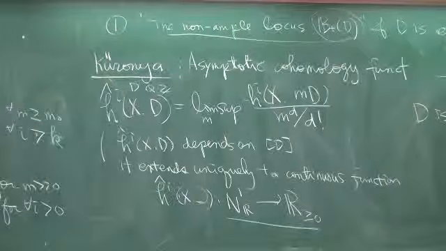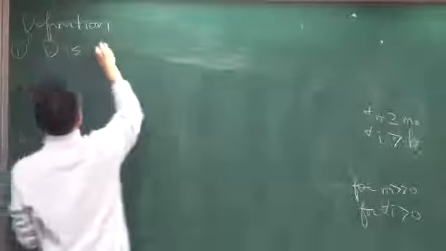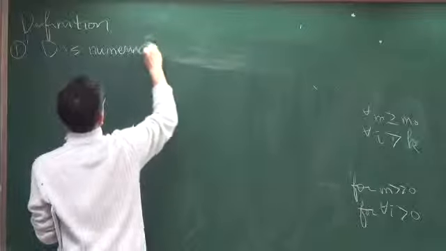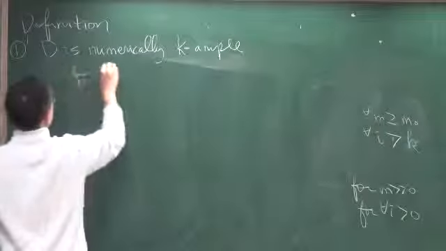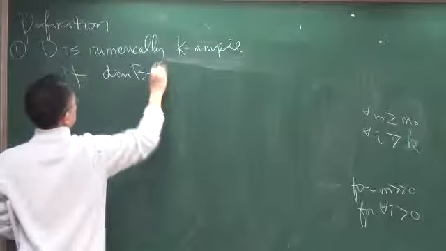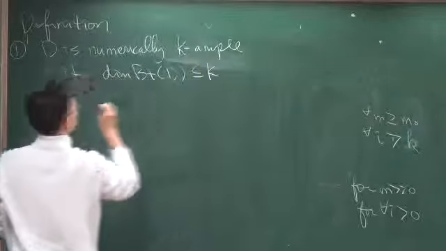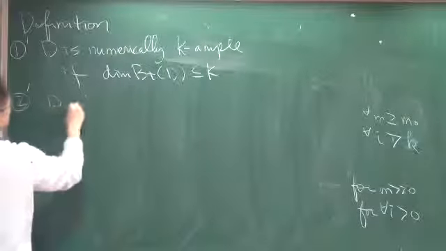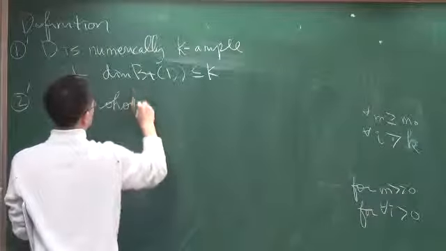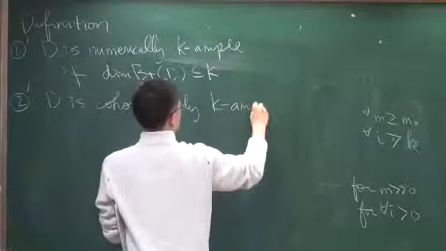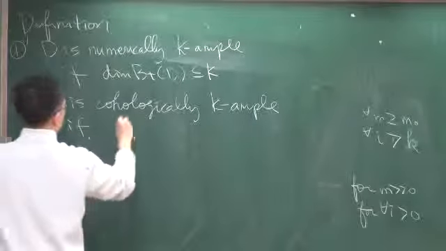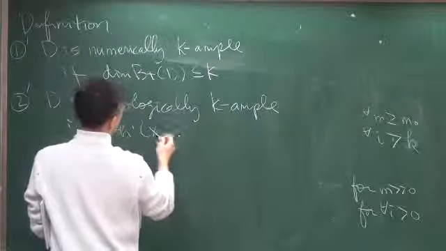So here is the definition. One: D is numerically K ample if dimension of B plus D is less than or equal to K. Two: D is cohomologically K ample if H^i(X, mD) is 0 for i greater than K, for m sufficiently large.